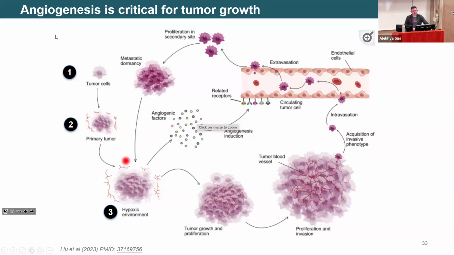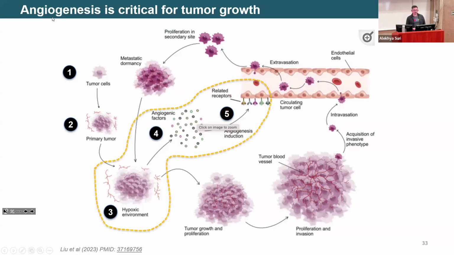So as the tumor grows, the core of the tumor becomes more and more hypoxic. And when the cells become hypoxic, they start making angiogenic factors. Those angiogenic factors diffuse away from the tumor, and they bind to receptors in the surrounding blood vessels, and they induce angiogenesis.